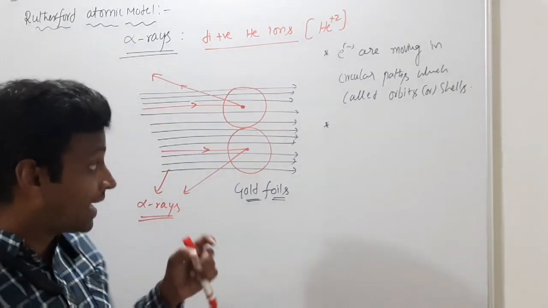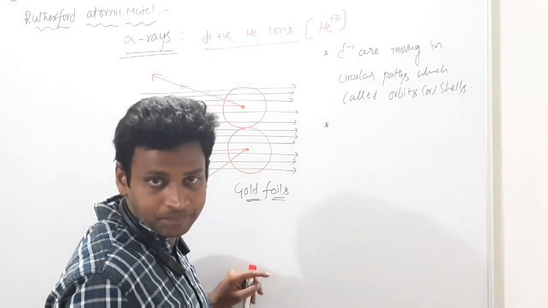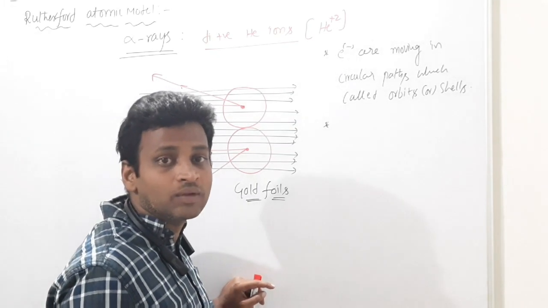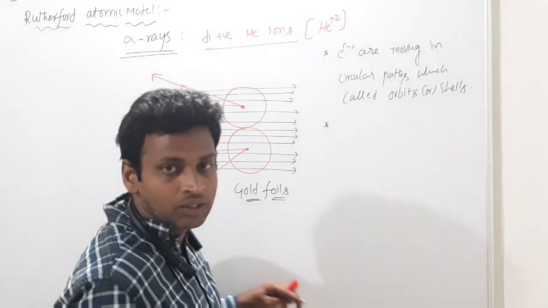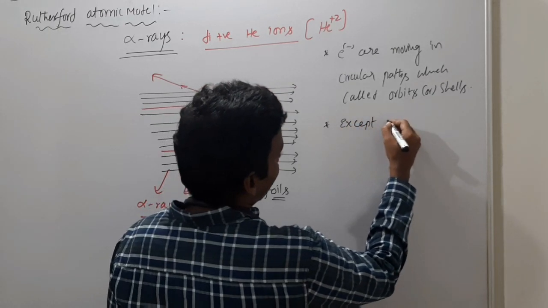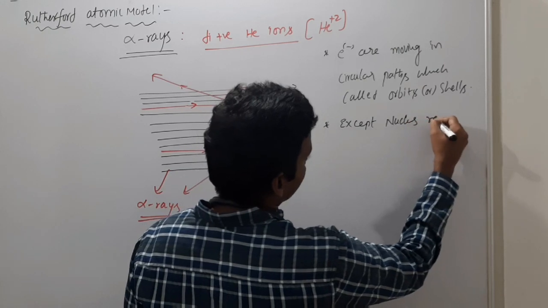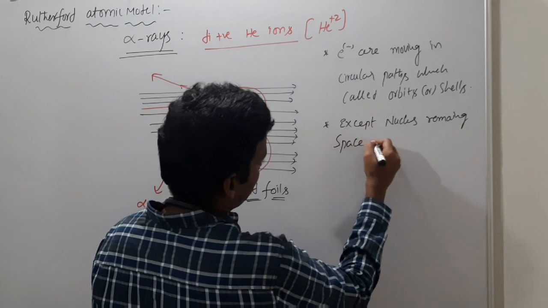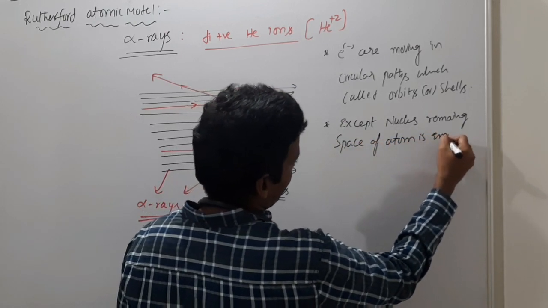So he said except for the nucleus, the remaining space of the atom is empty, and the total mass of the atom is concentrated at the center of the atom. So what he said: except the nucleus, the remaining space of the atom is empty.